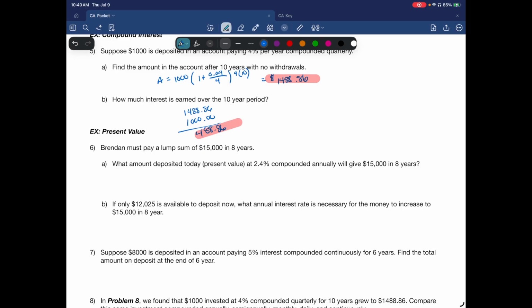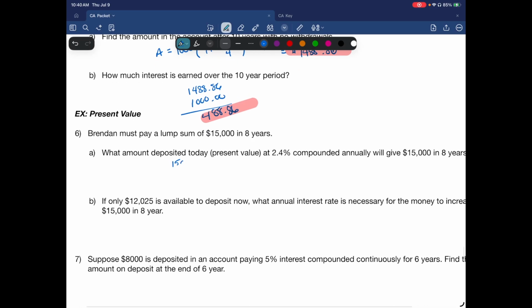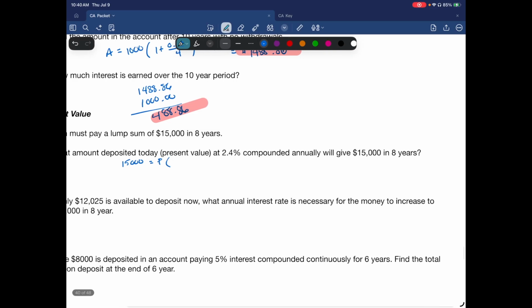We know that he wants $15,000. So P, and then we're going to do 1 plus 0.024 over 1, because it's compounded annually, and then 1 times 8 years. All right, so we're going to crunch these numbers.